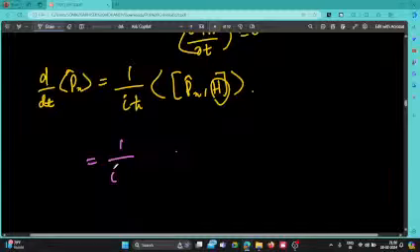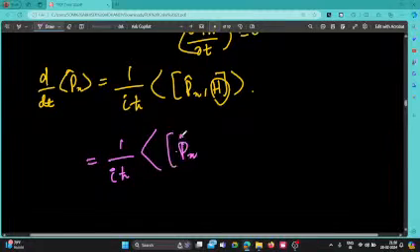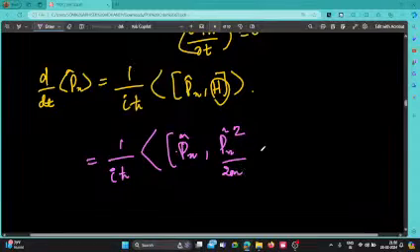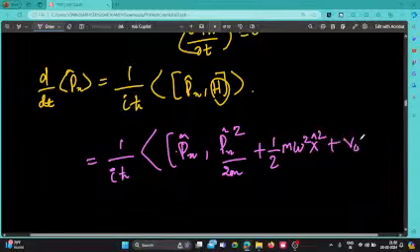1 by iħ, Px comma, just put that H value: Px squared by 2m plus half m omega squared x squared plus v naught x cube.